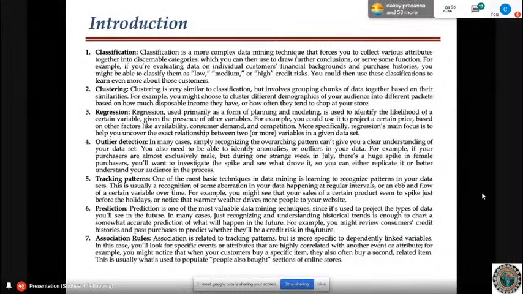Suppose a person is not falling in any of the groups, or suppose in a group we have 30 students, and 29 have around the same marks, but the 30th person is at the very top. Because of him, the group size has been identified and defined.